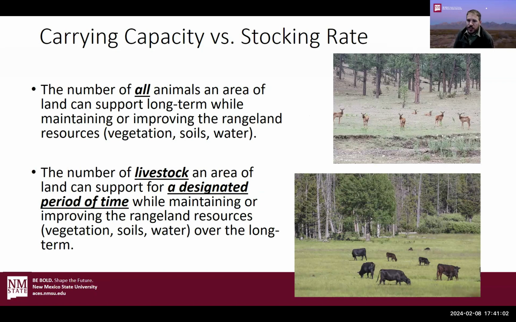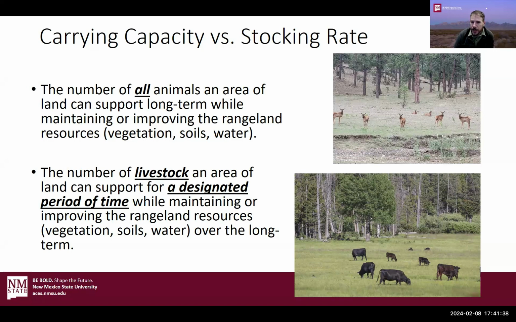There's an important distinction that I need you to make note of. We're talking about carrying capacity, but there's often confusion between carrying capacity and stocking rate. Carrying capacity covers all animals on that landscape, how the environment can support them, and how they can use the vegetation, soil, and water sustainably.